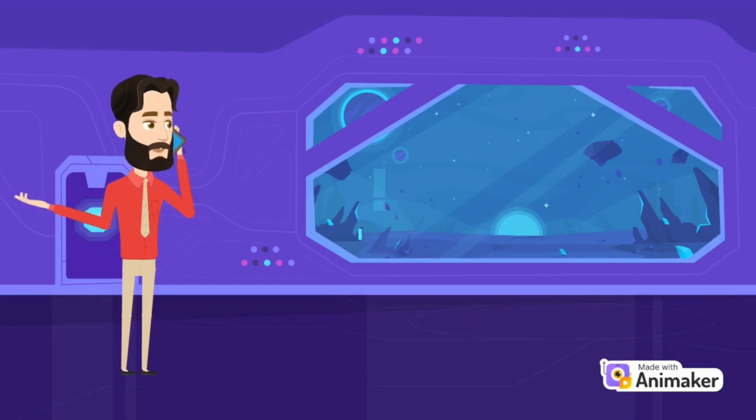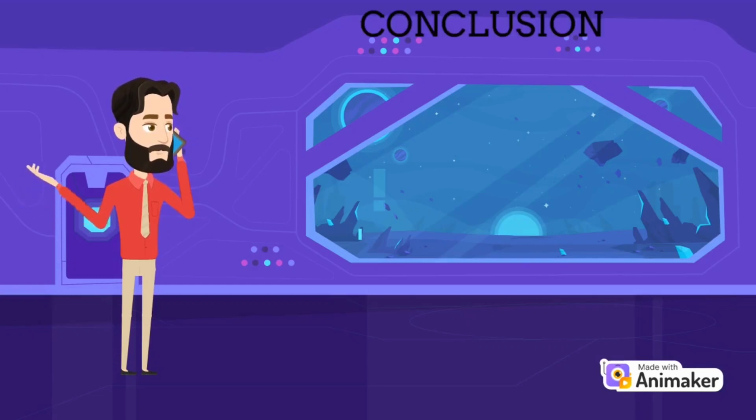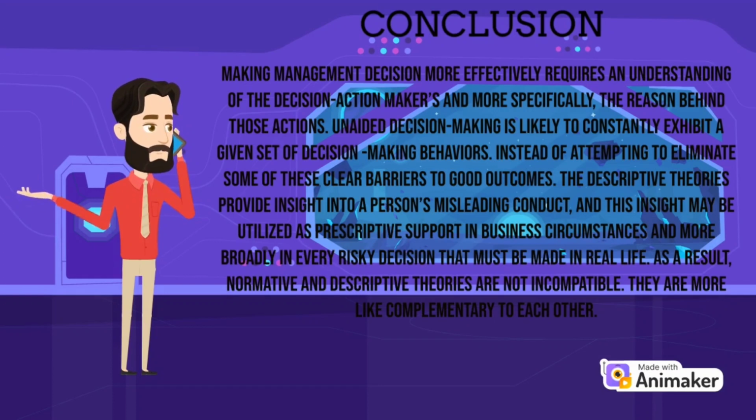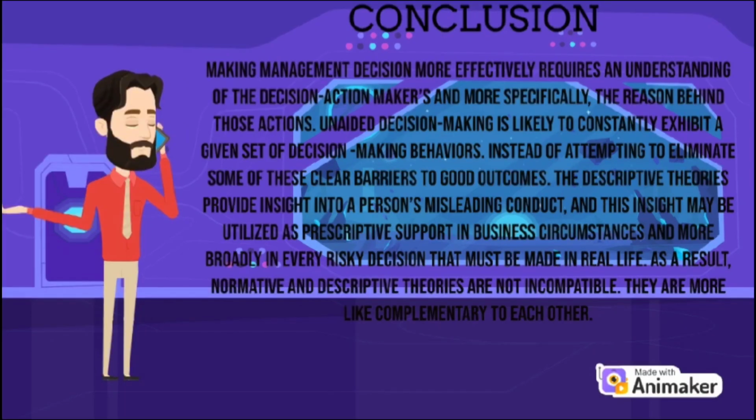Okay, lastly, we go to conclusion. Making management decisions more effectively requires an understanding of the decision makers and more specifically the reasons behind those actions. Unaided decision making is likely to constantly exhibit a given set of decision making behaviors.